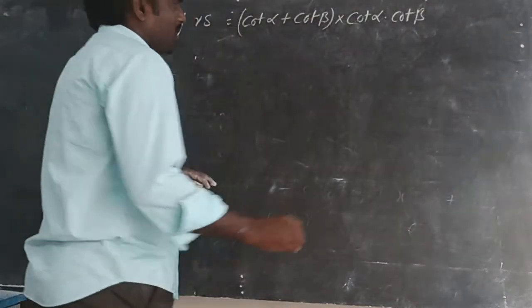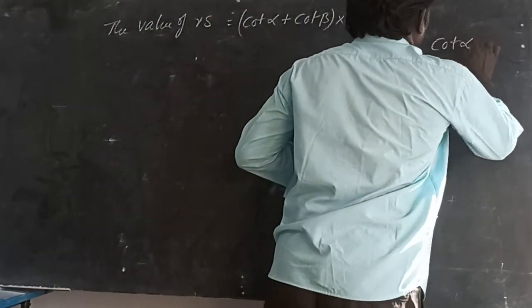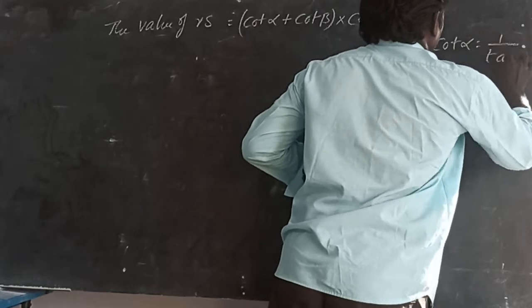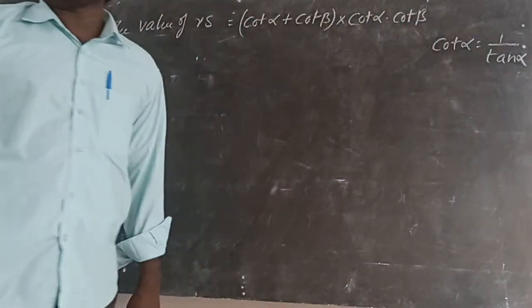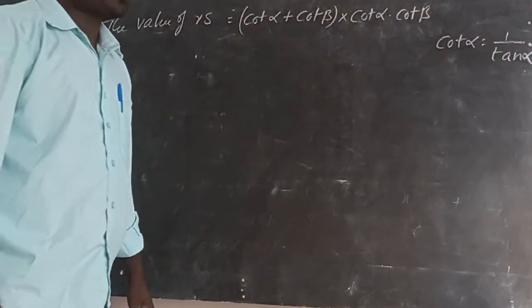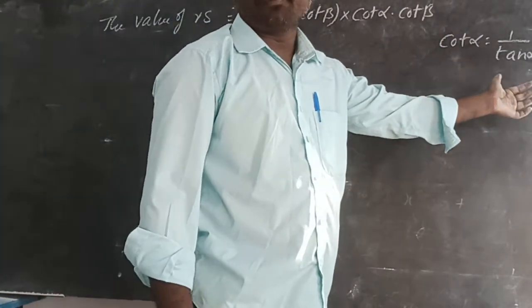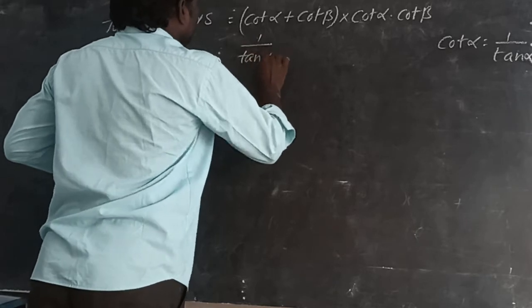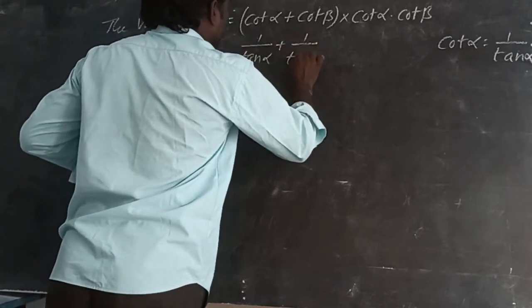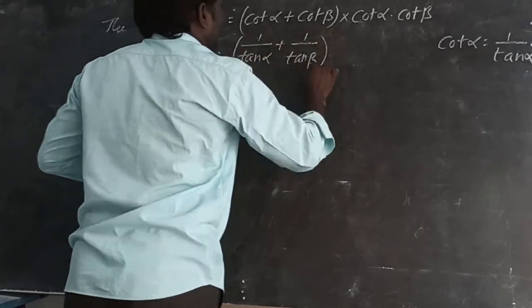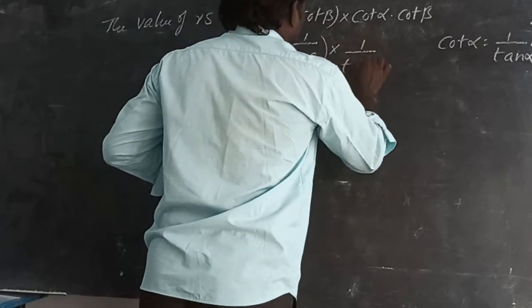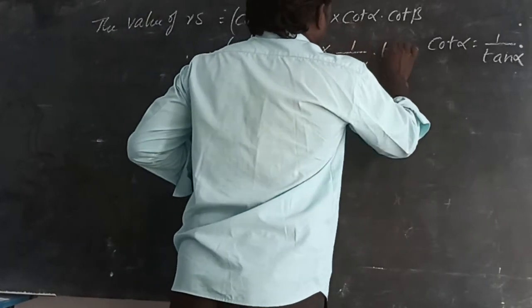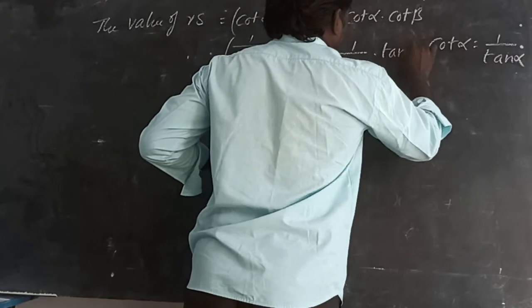Cot is the reciprocal of tan. Cot theta into tan theta is 1. So here you can write it as (1 by tan alpha plus 1 by tan beta) into 1 by tan alpha into tan beta.